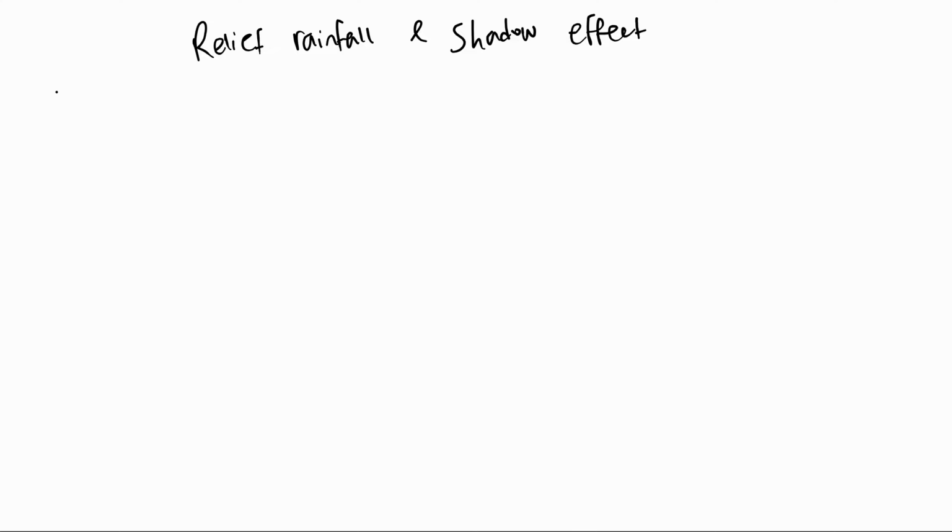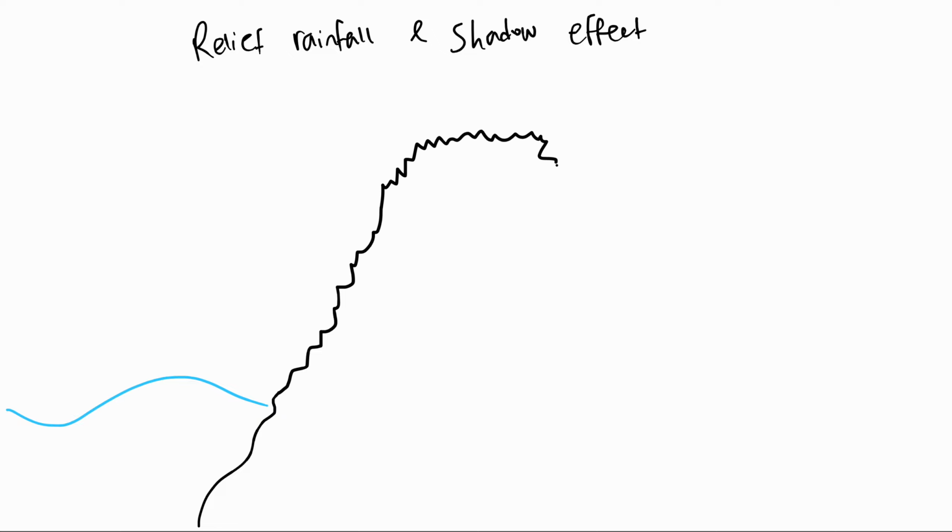This is something that you can easily understand through a diagram, which I'll attempt to draw here. So we're going to have our ocean, and then we're going to have our mountain. Hopefully it looks like a mountain to you.